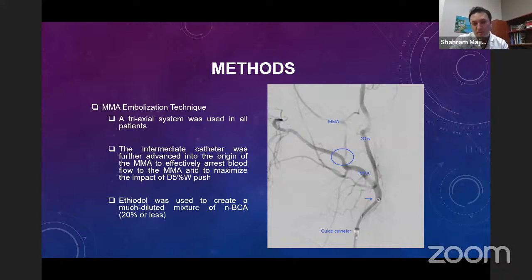While the first operator is injecting NBCA through the microcatheter, the second operator injects high volume D5 through the intermediate catheter via a 60 cc syringe to clear the MMA from the blood and provide this non-ionic environment to NBCA, so it will go much more distally.